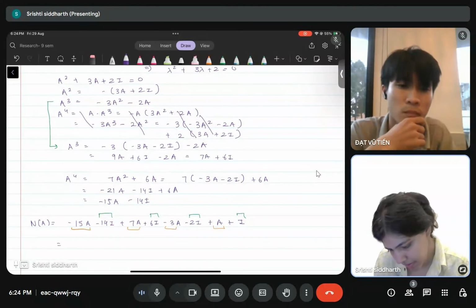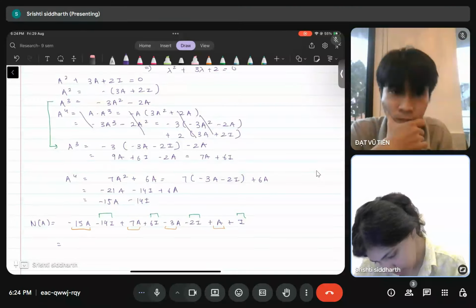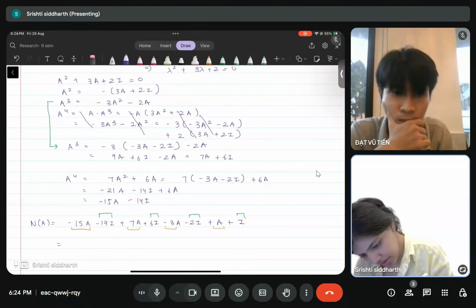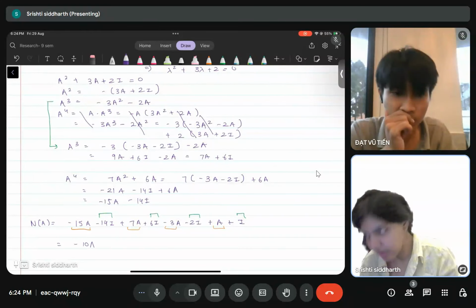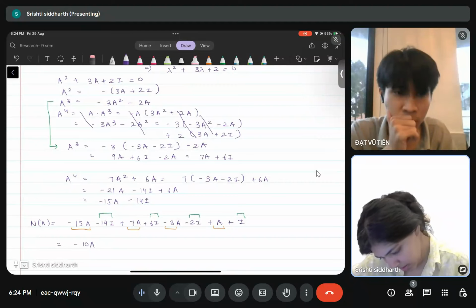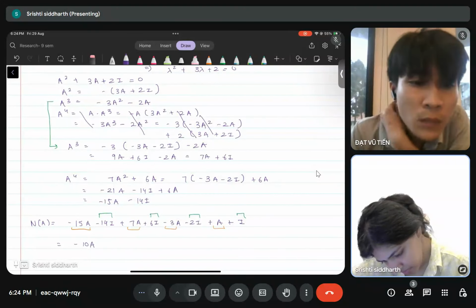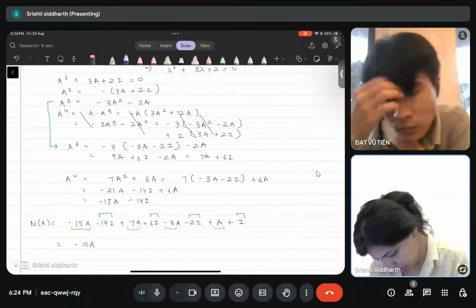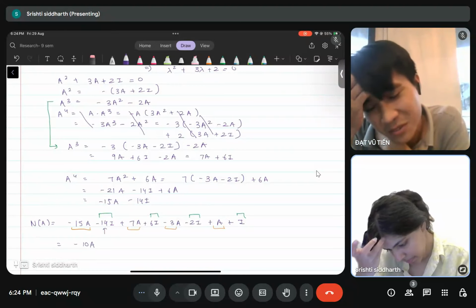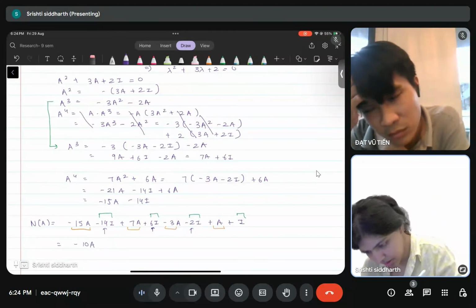Okay, so we have this minus 10A. And then the identity matrices: these minus 14 plus 2 is minus 16. This is minus 10, so this is minus 9.